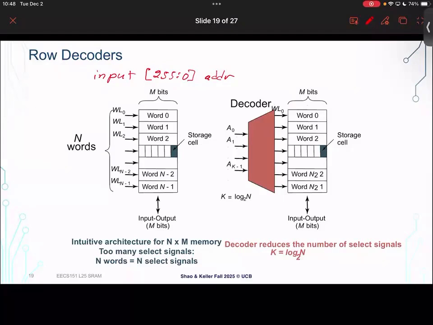That's one way to do it, and it's what's shown on the left here. It's a lot of bits. Adding a new address bit for each row is very inefficient. There are too many select signals, too many wires to route everywhere. So instead, for n equals 256, as in the example I'm showing here, let's use binary, not a one-hot encoding, for our address.